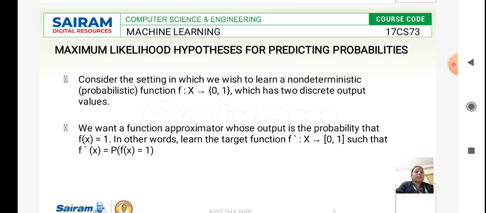How do I implement it? Generally we have the equation f(x) tends to 0, 1. But since I need only the maximum likelihood condition, I modify my condition to f(x) to be 1. Rather than f(x) being both 0 and 1, I need my probabilistic function to be f(x) equal to 1 alone.